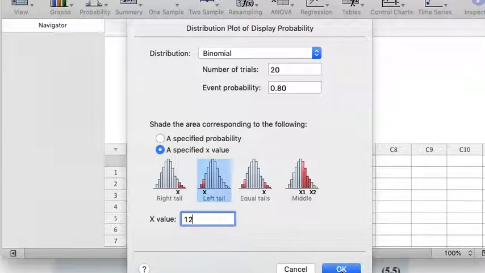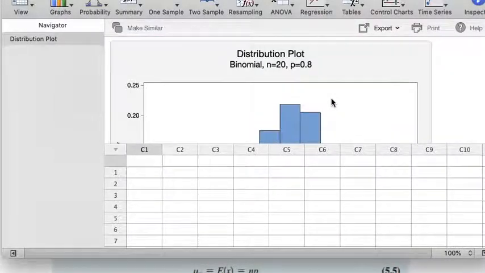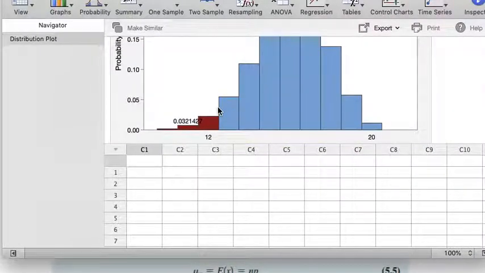Then I click OK, and the graph pops up. Now what I'm looking for on the graph is there's going to be a shaded area, and if I selected 12 or fewer, that means that it will be on the left side where the shading is. The shading is red, and the number here is going to be my answer. So 0.0321.